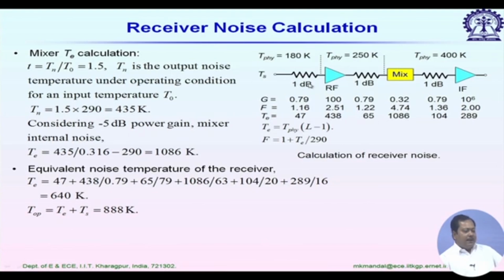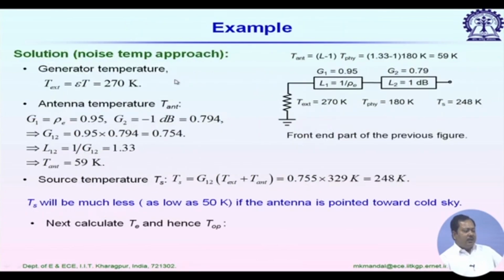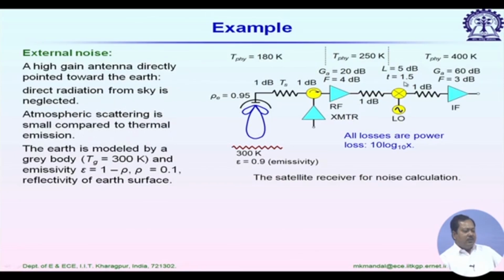Among these, for the mixer specification, its temperature ratio is given. You see here, L equal to 5 dB. That means conversion loss is 5 dB and temperature ratio is 1.5. So actually its operating temperature is 290 multiplied by 1.5.